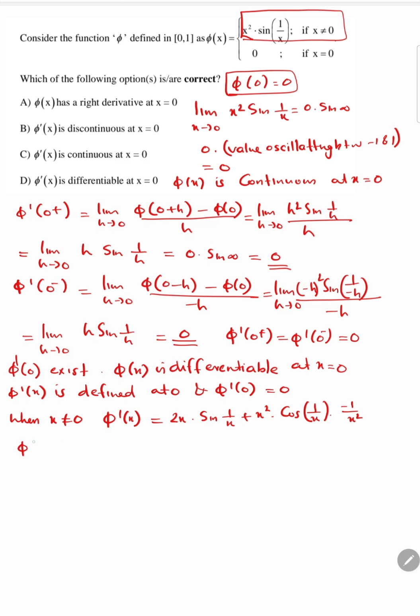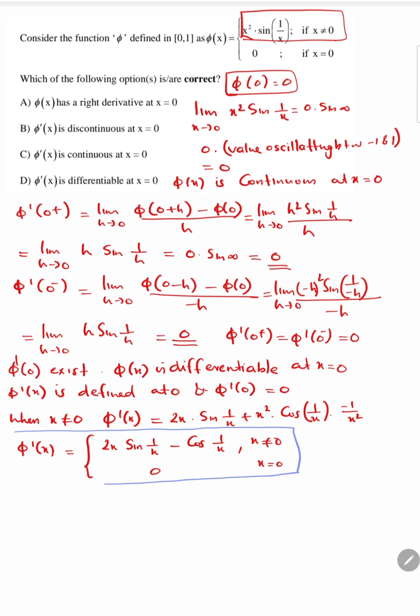So when x not equal to 0, we got phi dash x, which is 2x sin 1 by x minus cos 1 by x. When x is 0, it will be 0. So this is your new function. Treat it like a new function, just like f of x, g of x.